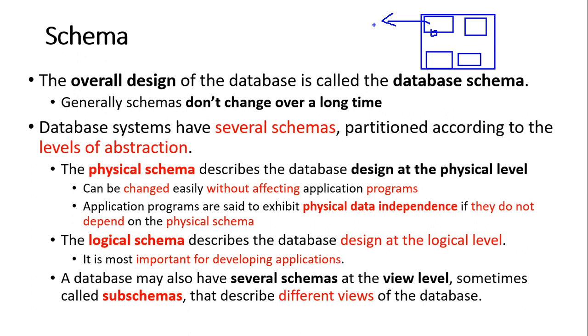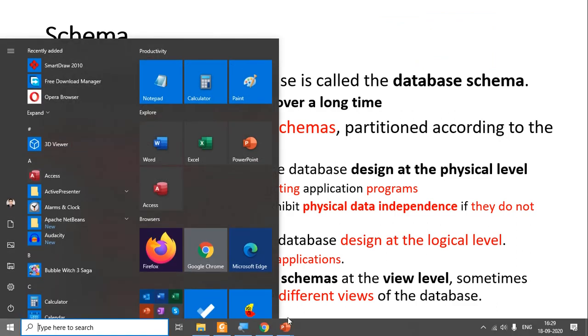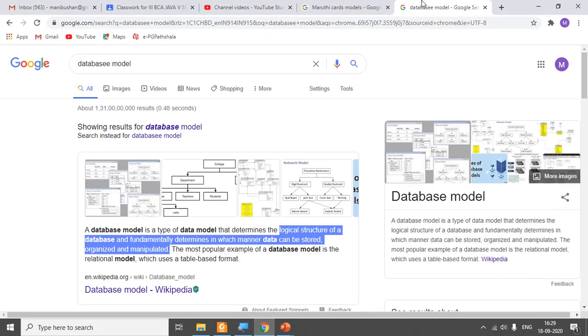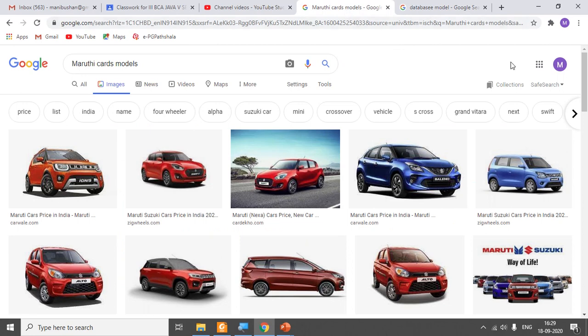If you go to any civil engineer and ask them to build a house for you, they will have different models, and based on the models they will give you different designs. Look at a simple example, the cars that Maruti has, different models of Maruti. This design depends on the various models.